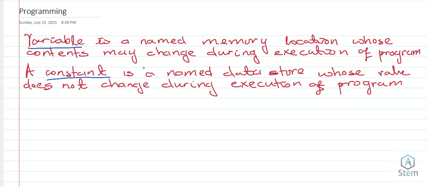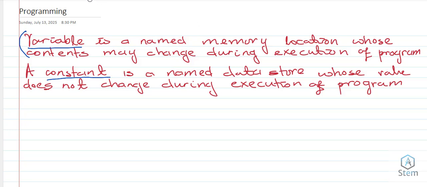So let's say at the beginning of the term, your class teacher is Mr. Arnold. Then after some time, your class teacher may change to Mr. Joe. That's possible. So we can equate such a situation to a variable. We are saying class teacher may change from Mr. Arnold to Mr. Joe during the execution of the program.